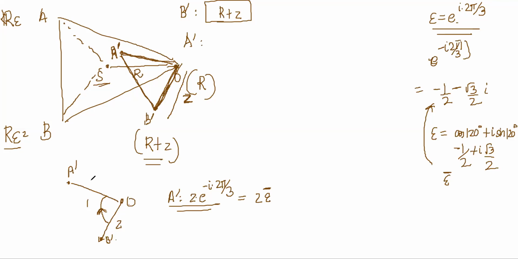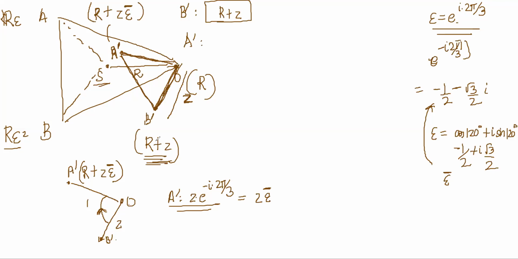So the actual A dash coordinate is R plus Z epsilon conjugate, right? Actual A dash is capital R plus Z epsilon conjugate. And this was R plus Z, right? Correct. So midpoints M and N are easy to find.